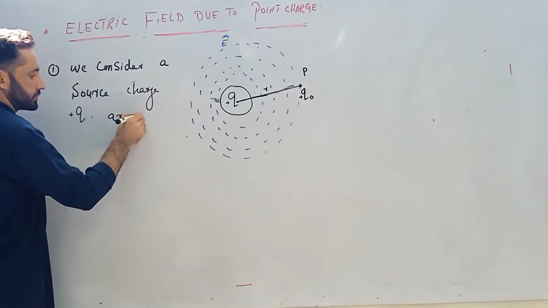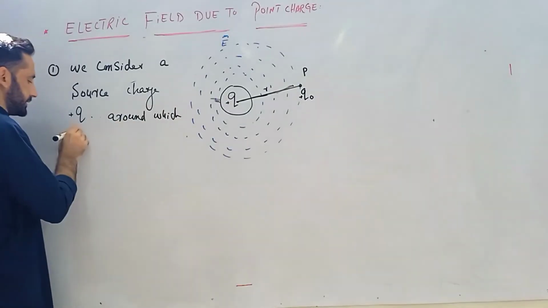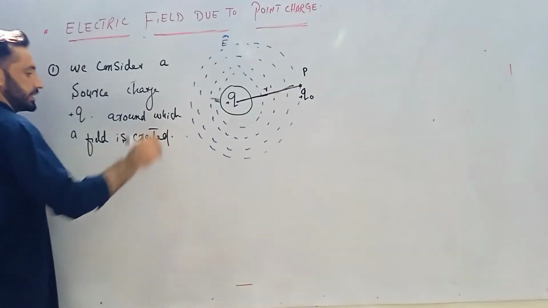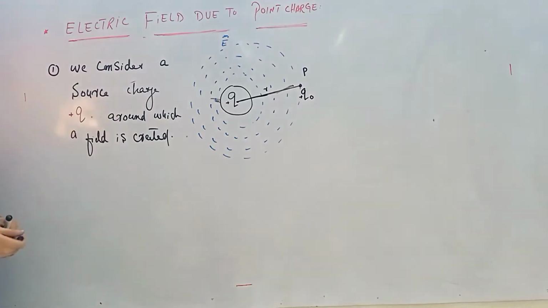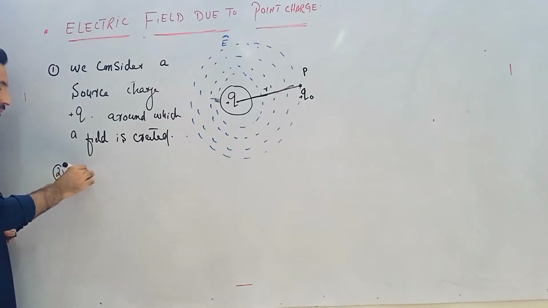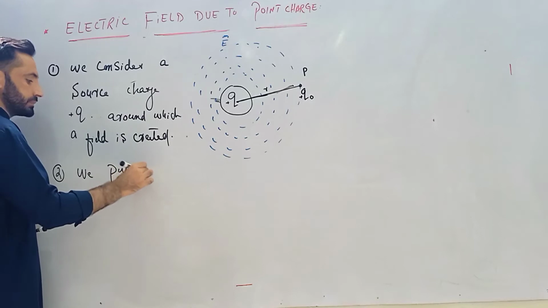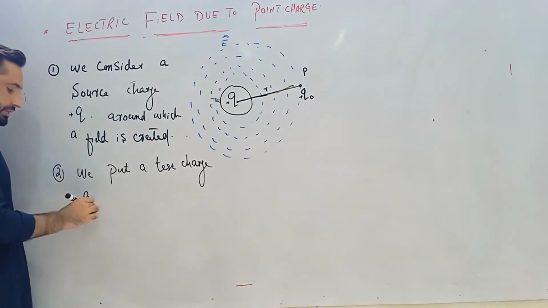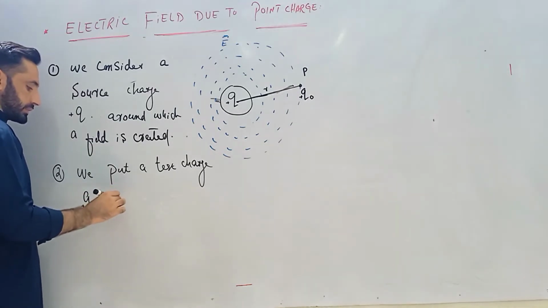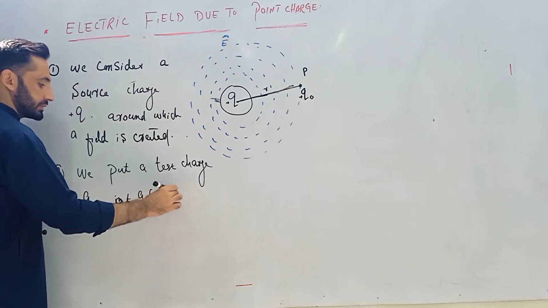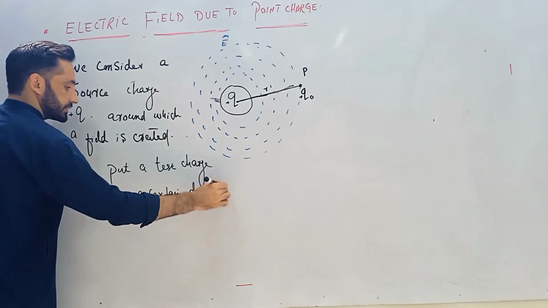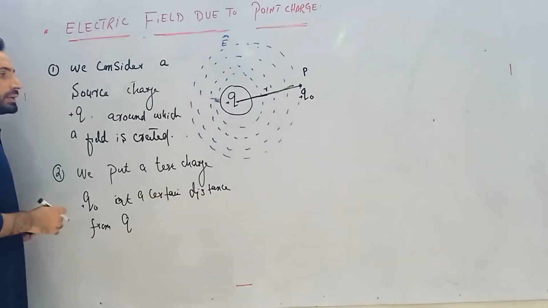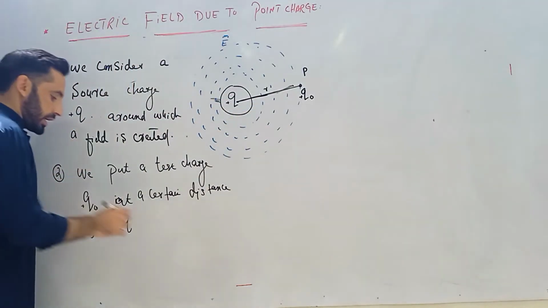Around it an electric field is created. Second step: we put a test charge Q naught at a certain distance from Q, at a point P. Remember, your Q naught was at a certain distance.